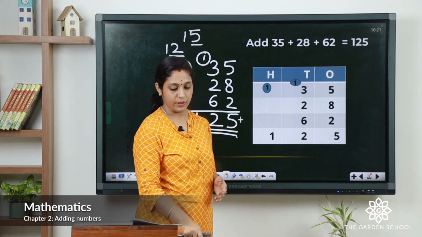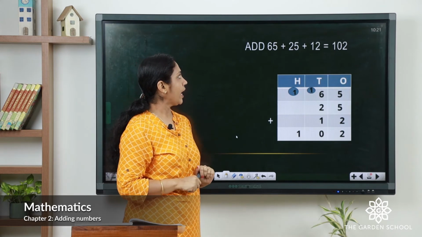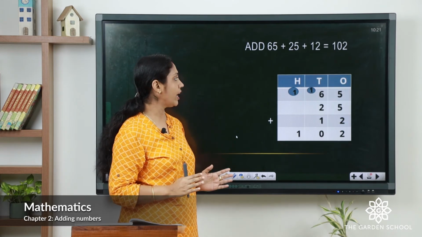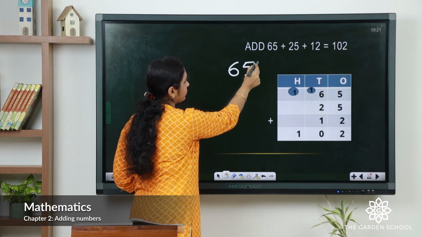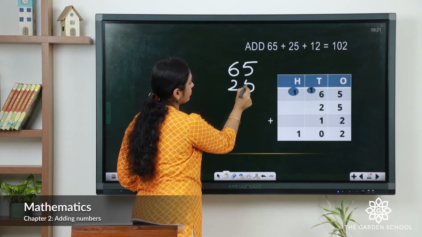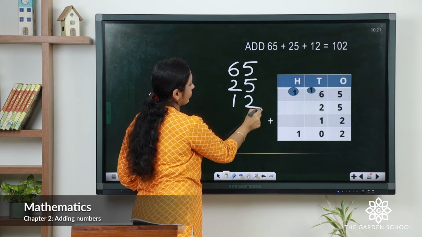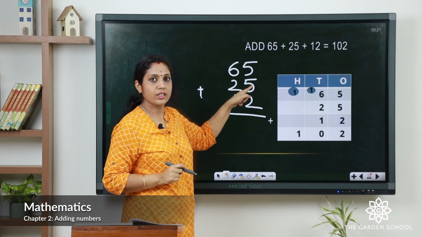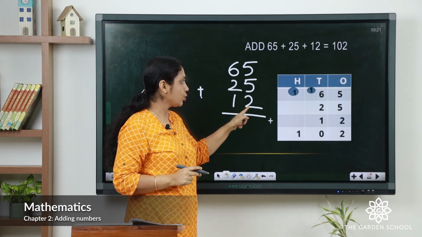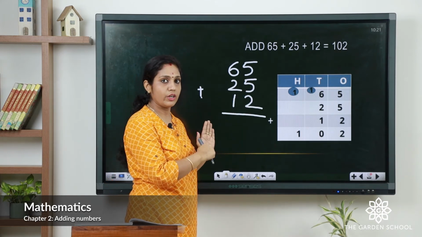Let us do another example. Here we have 65, 25 and 12. So, let us write 65, 25, 12. So, 5 plus 5, 10. 10 plus 2 is 12. So, what we are going to do?